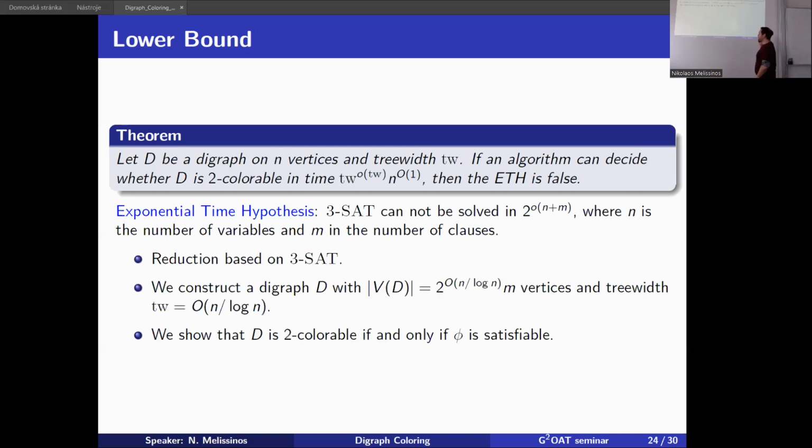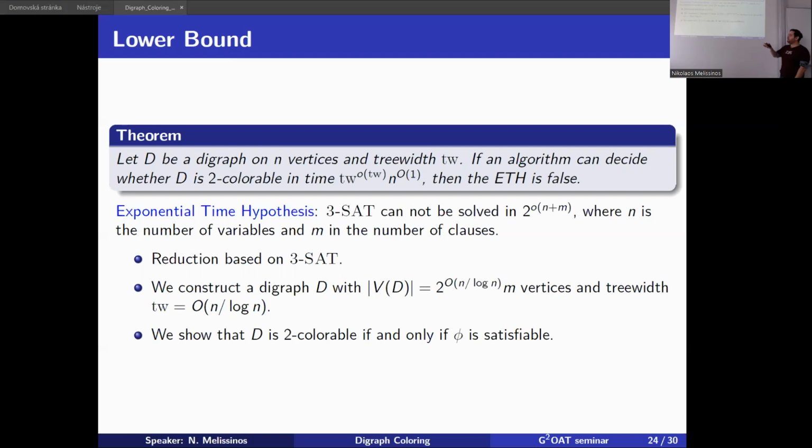So what is the idea? The idea is that we're going to start from a 3-SAT instance and create a graph with number of vertices big O of n over log n times m, and the treewidth is going to be big O of n over log n.